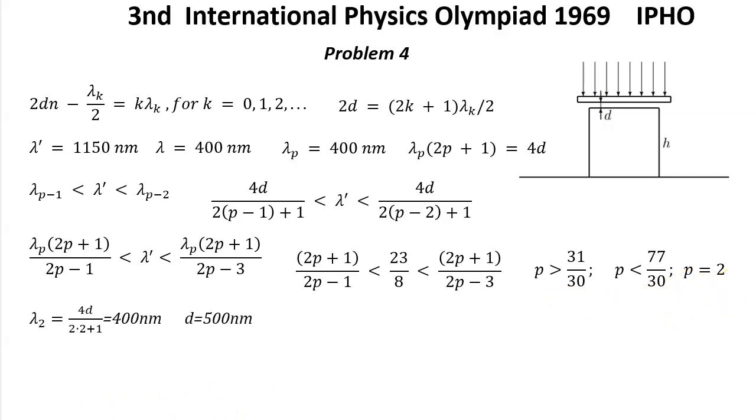And now we can denote that lambda_2 equals 4d over 5, which is 400 nanometers, and from here we can find that the thickness d equals 500 nanometers.